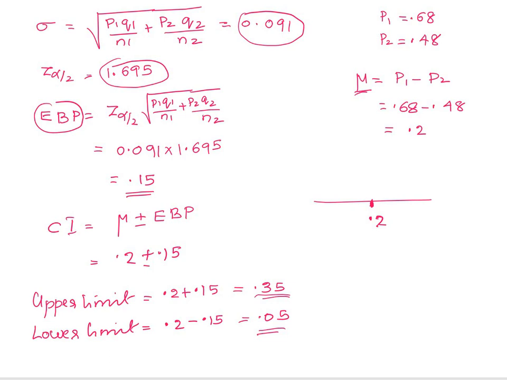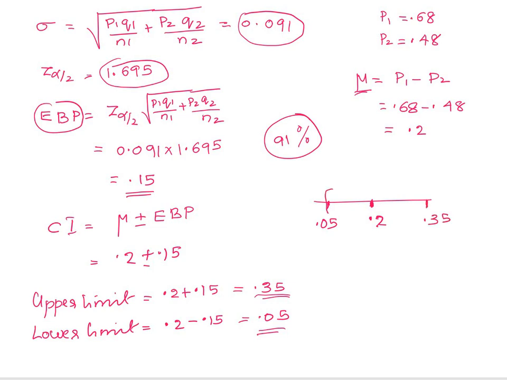But we found an interval with 91% confidence. We found an interval in which it lies, the lower limit will be 0.05 and the upper limit will be 0.35.